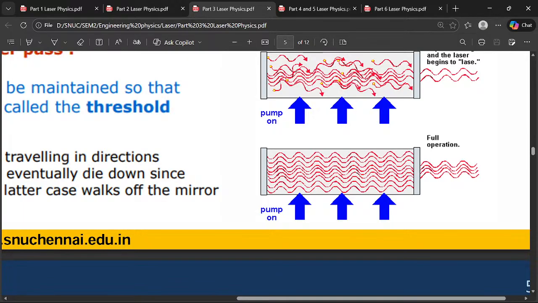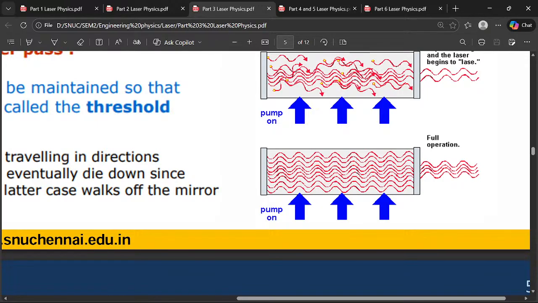Photons that are not perpendicular to the mirror gradually lose their energy while traveling through the medium.